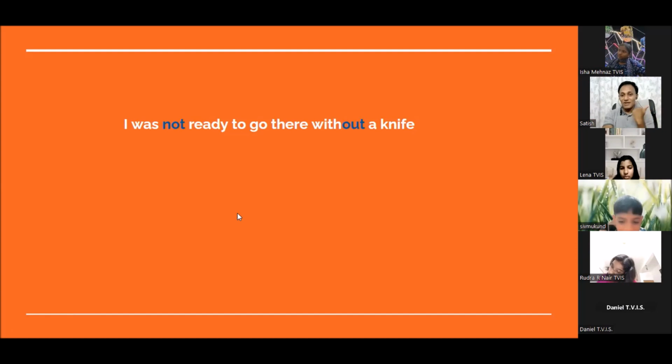Don't think so negative. But the point is, when you use two negative words, they actually cancel each other. I was not ready to go there with a knife.